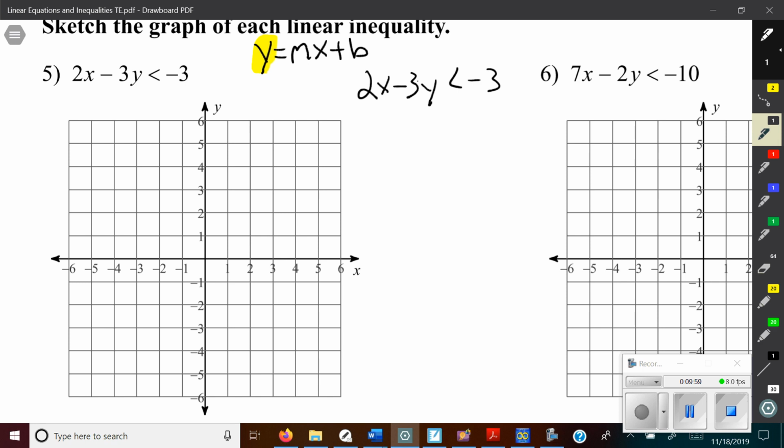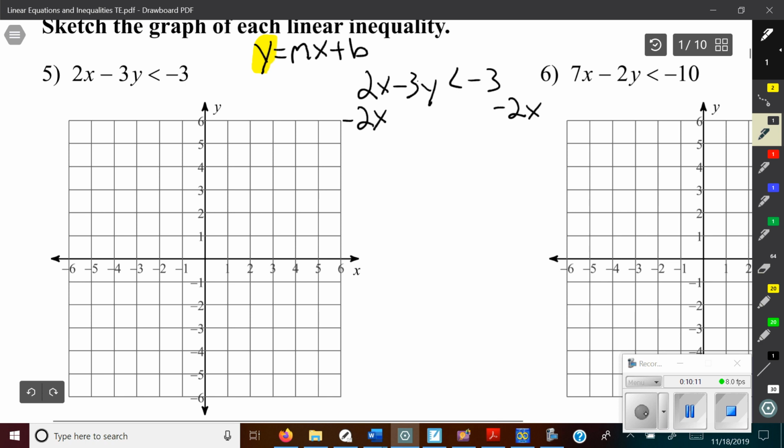So I have this positive 2x. I'm going to subtract 2x from it to make this term go to 0 on my left side. On my right side, I'll have negative 2x minus 3. These are not like terms, so they won't combine. So that's just going to leave my negative 2x minus 3. And on my left side, I have negative 3y.